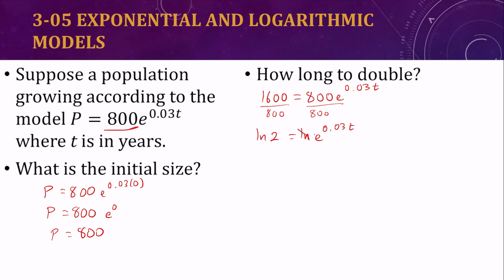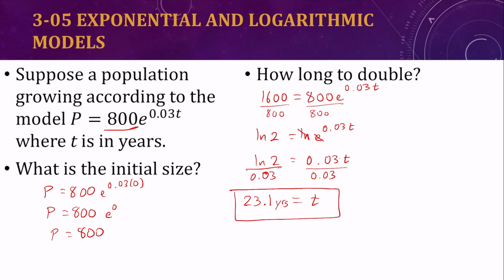I'm going to do log base e, and then finish by dividing. So log base e of 2 divided by 0.03 is 23.1. And t was in years, so 23.1 years to double this population.